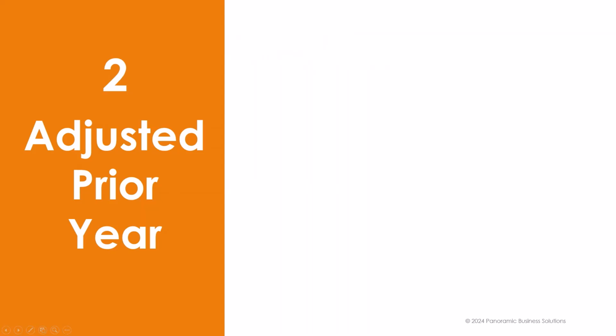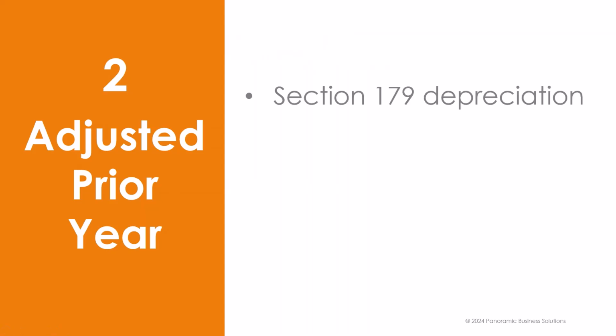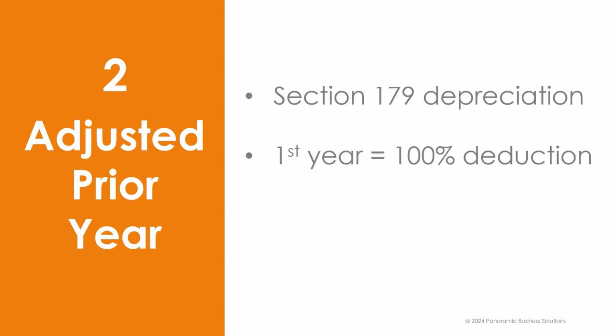The most common example of this is related to depreciation expense. The Section 179 deduction allows 100% of the purchase price as a deduction in the first year. So year 2, year 3, all the remaining years, you've got 0% deduction.